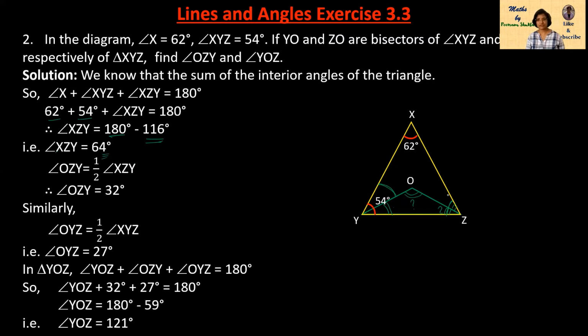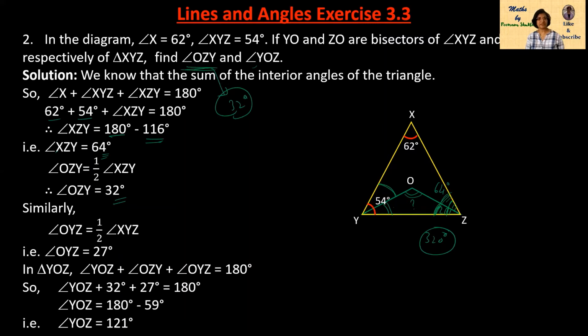So this whole angle is 64 degrees. Because ZO is a bisector, separately these two angles will be 32 degrees each. So angle YZO, or OZY, will be 32 degrees. Here you can write OZY equals half of angle XZY, so therefore this will be 32 degrees.